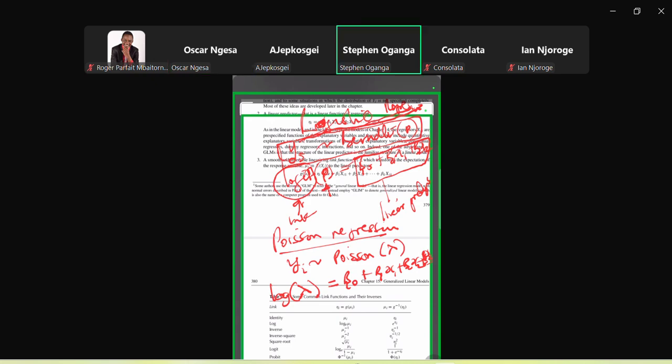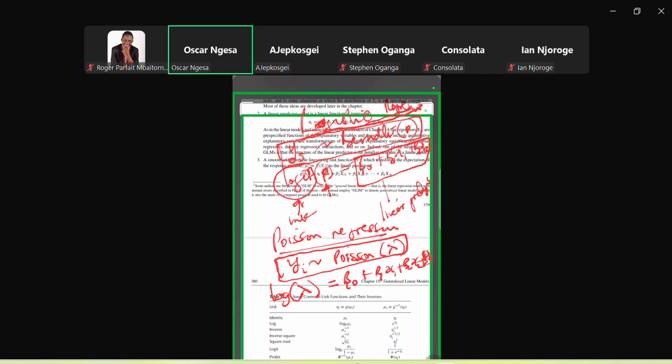I think the random component is yi follows a Poisson distribution with parameter lambda. 100% correct. Stephen Oganga, thank you.